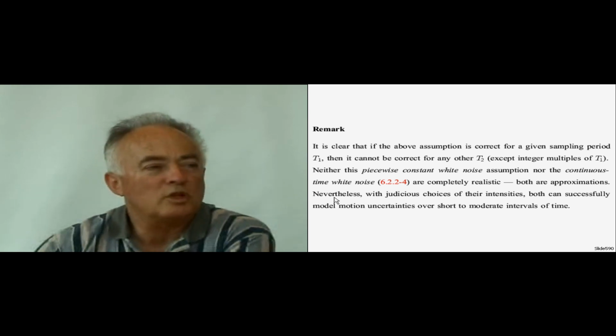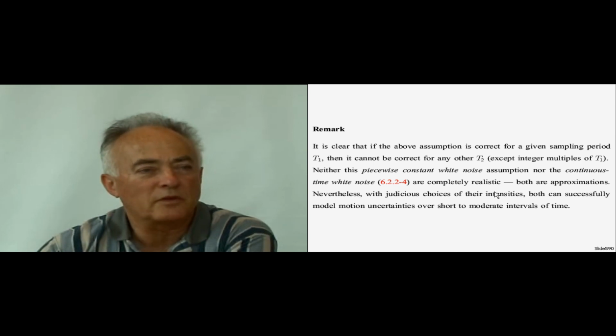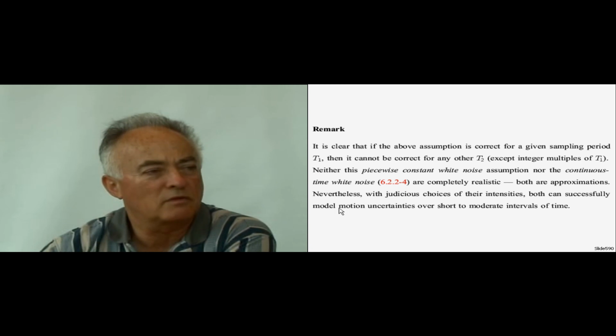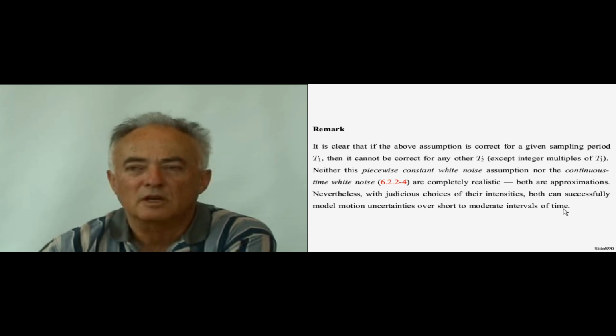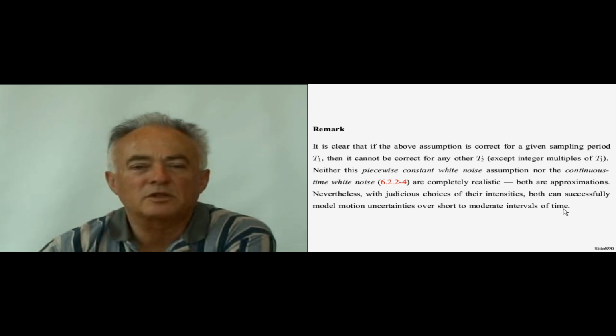So, with judicious choices of the intensities, in spite of the fact that both these assumptions, as well as others that can be found, are really approximations, these, as well as others, can and have been successfully used as models for motion uncertainties over short to moderate intervals of time. Another issue is over what intervals of time these models are reasonably valid.